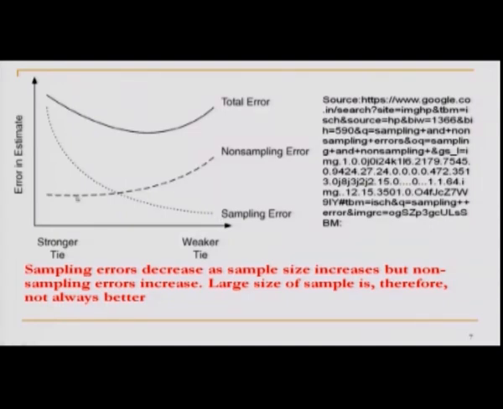Now, non-sampling errors increase. All types of non-sampling errors increase, and sum total of sampling error and non-sampling error therefore behaves like this. Initially, with increase in sample size, total error decreases, and beyond a certain point, total error starts increasing.